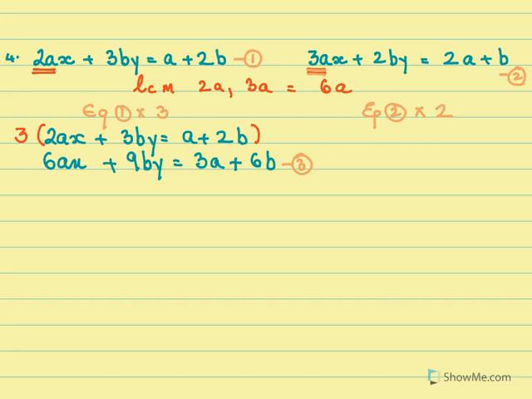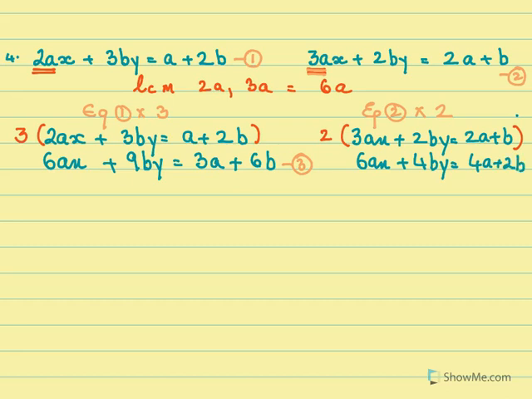Now let's go ahead, multiply equation 2, and my equation 2 is 3ax plus 2by equal to 2a plus b, and I go ahead and multiply this now by 2. So multiply by 2, I get 2 into 3ax is 6ax, 4by, 4a plus 2b, and this is my equation 4.